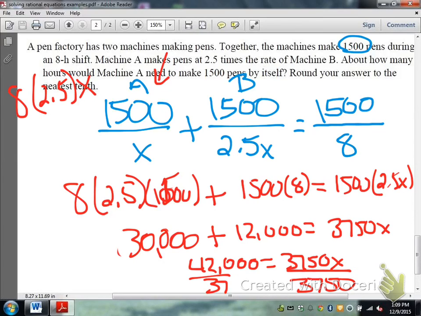We'll divide it by my 3,750. Guys, what's x? 11.2. It's an exact answer, so I can get rid of my approximate signs. What's 2.5 times that?